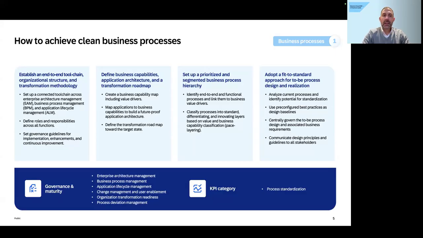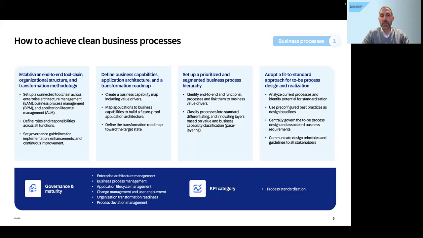Having recorded the delta requirements from a functional point of view in business process management, you also need application lifecycle management, which allows you to evaluate what it means to realize such a business requirement against a standard process.